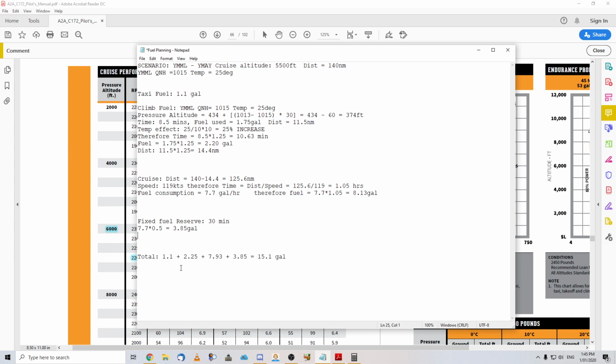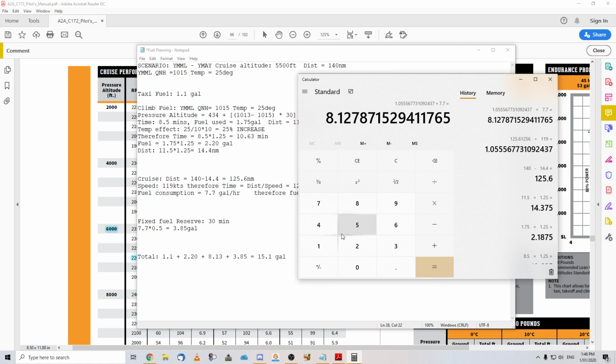So if you want to do the trip from Melbourne to Albury, if we add up all this, 1.1 plus 2.2 plus 8.13 plus 3.85, we'll add all that up.